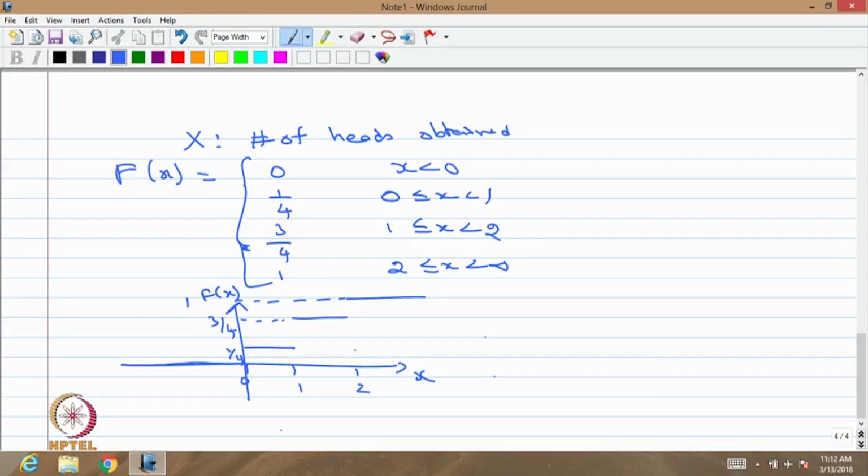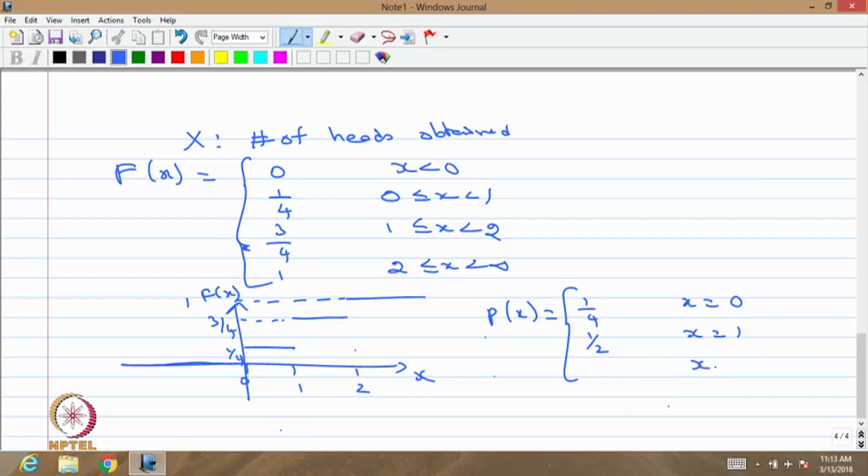So, it will be 1 from 2 onwards. Therefore, the P of x is, at x equal to 0, it is 1 by 4. At x equal to 1, 1 by 2.